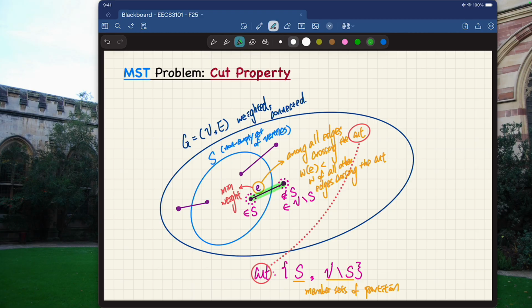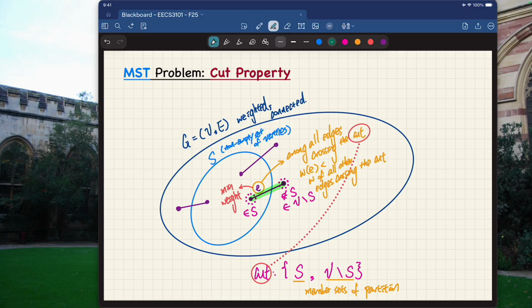This edge is guaranteed to be an edge of some minimum spanning tree. We don't know exactly how that minimum spanning tree will ultimately look, but we know for sure E will be part of it. That's the beauty and powerfulness of this cut property.